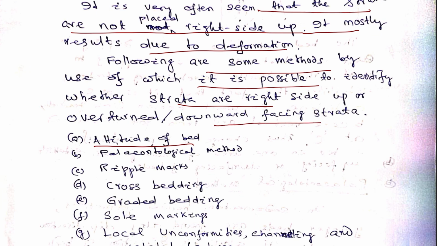If they are facing downwards, that is a case of overturning of beds. So let us discuss in a systematic way how we can establish the right side up condition or overturning of the beds in the field. First point is the attitude of bed.